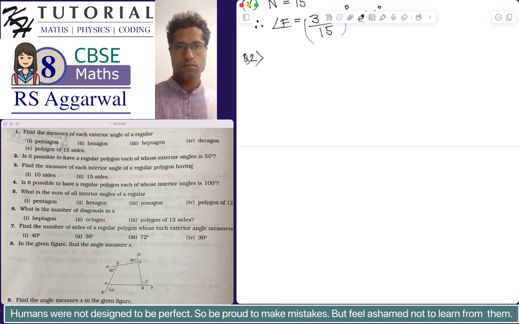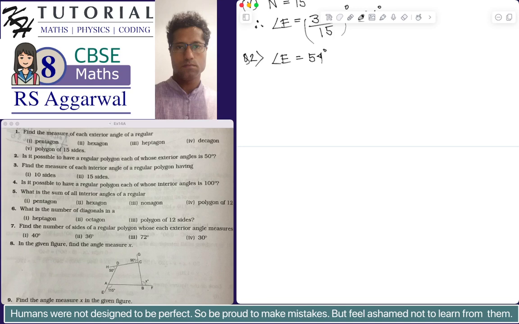Question number 2 says, is it possible to have a regular polygon each of whose exterior angles is 50 degrees? Okay. So it's given that there is a regular polygon where each exterior angle, I am representing the angle E as each exterior angle of a regular polygon, is 54 degrees.